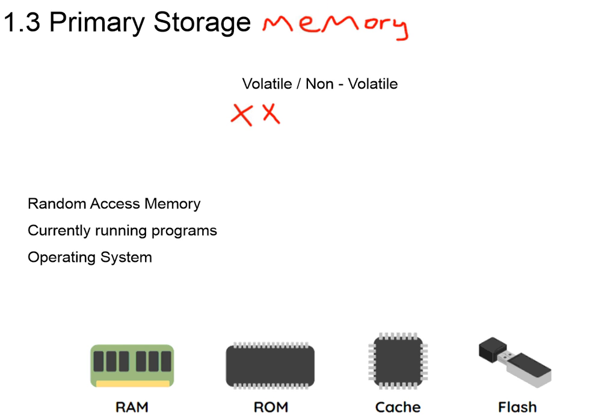So RAM, for example, is volatile. So if you are watching a video and you just turn the power off straight away, when you turn your computer back on, that video is still not going to be playing because it's been deleted from RAM.